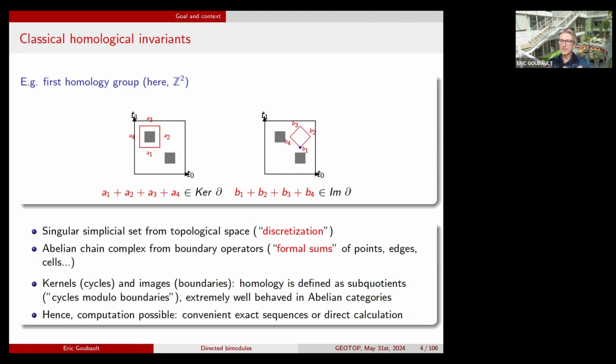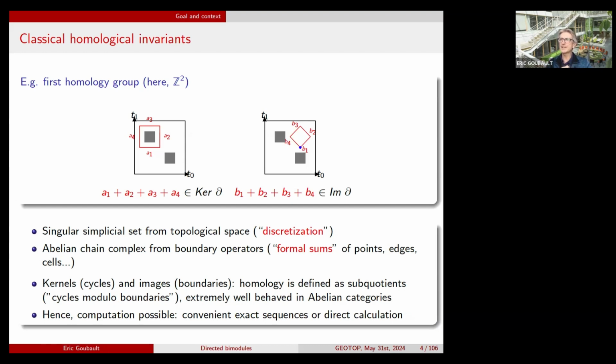So the abelian groups that are taken as coefficients make it possible to have very nice features, exact sequences, Mayer-Vietoris, and relative homology groups, and so it's very convenient for calculations.